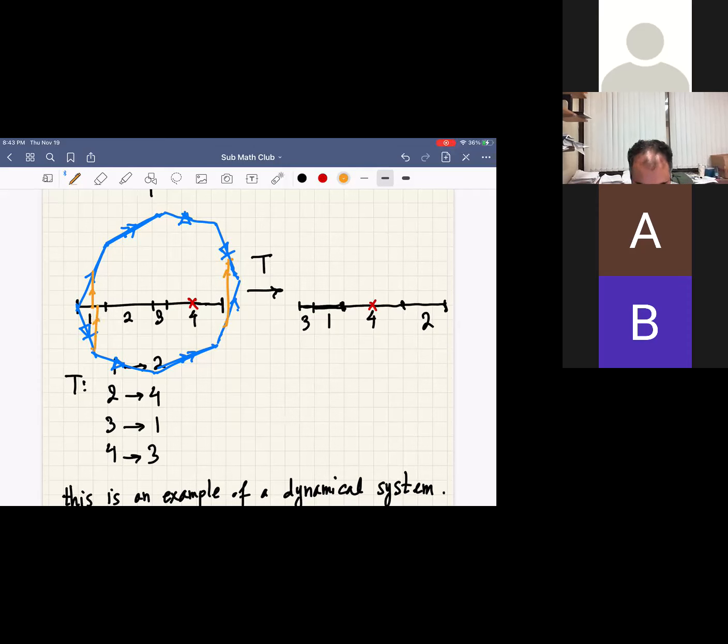As you see, the way we moved around and came back looks like we shifted this. So this point has been shifted slightly ahead.